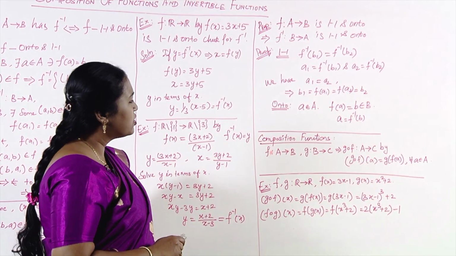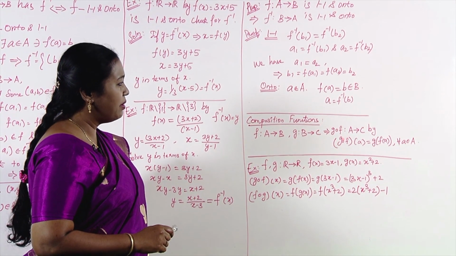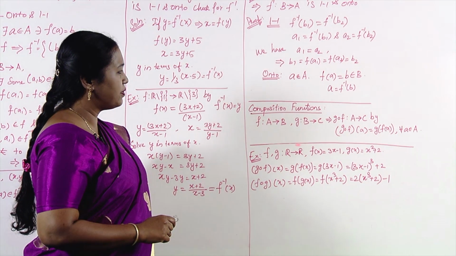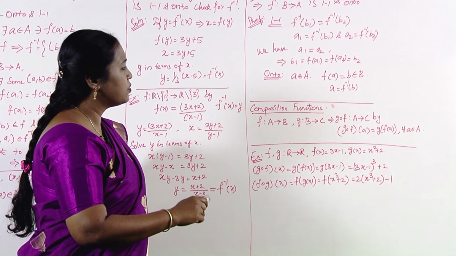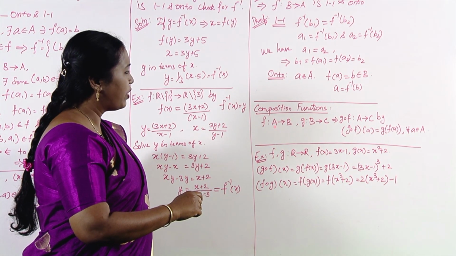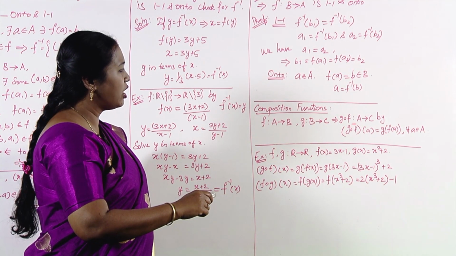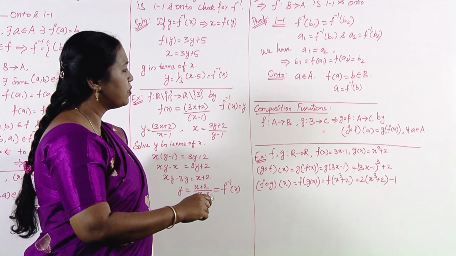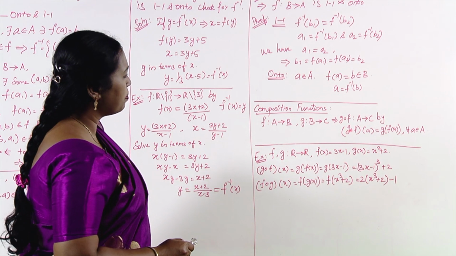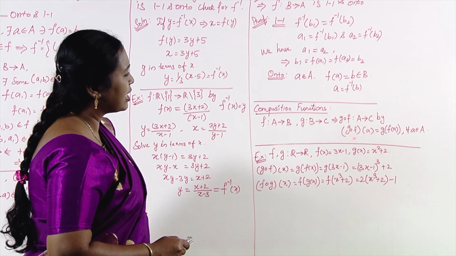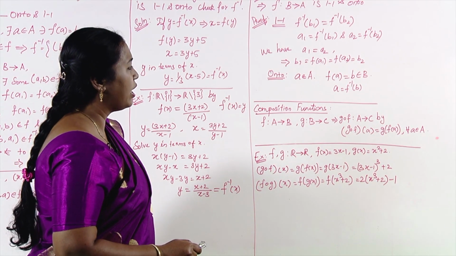So, pay attention. f is a function from A to B, g is a function from B to C, implies that g composition f, it always goes like this, is from A to C. So, if I go from A to B, B to C and not C to A. When I put g composition f, it is actually A to C, whereas f composition g would go in the opposite side. g composition f is from A to C and it is given by (g composition f)(a) is g of f of a for all a belonging to A.